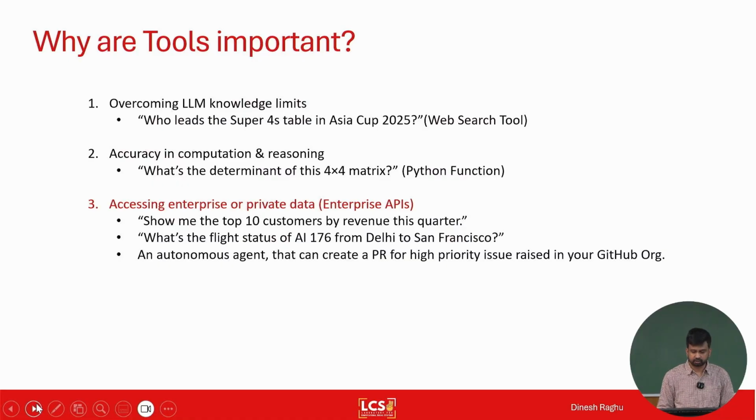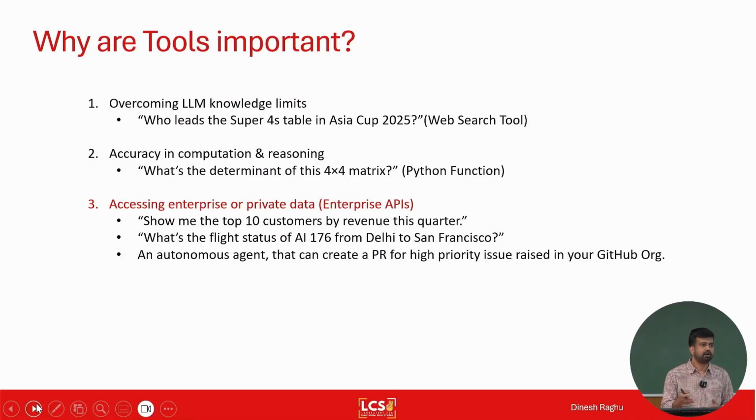So if you ask questions like show me the top 10 customers by revenue this quarter, then there's no way for the model to answer this question unless you provided access to the APIs which can help you get this data, right? So having access to tools is very, very important to solve real world questions, right?